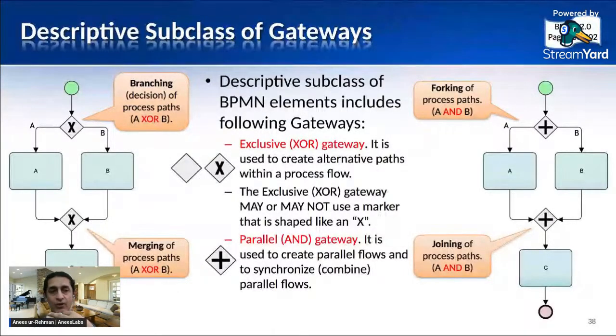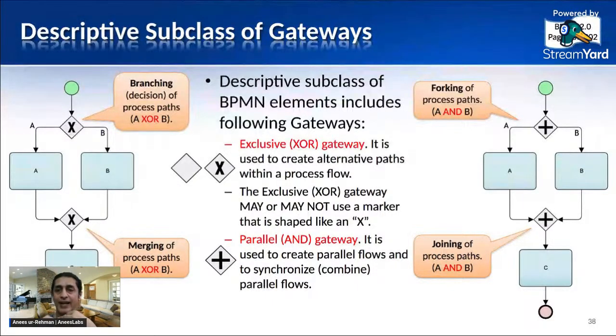When we are going for a condition, it can be one input and exactly one allowable output, either A or B. Then we have a merging gateway. If we have an exclusive OR gateway at the time of initialization and we want to merge, we have to use the same gateway, the exclusive OR gateway, at the merging section after performing some tasks.